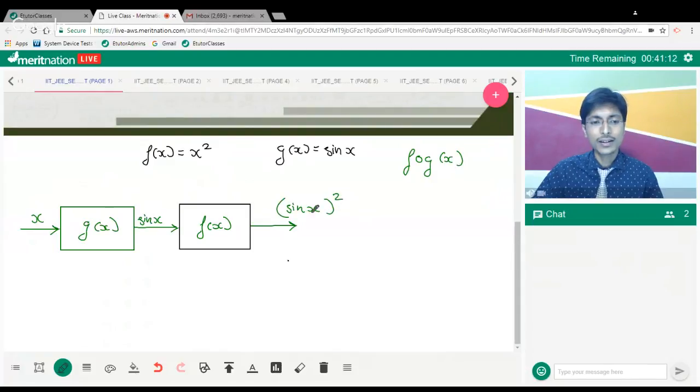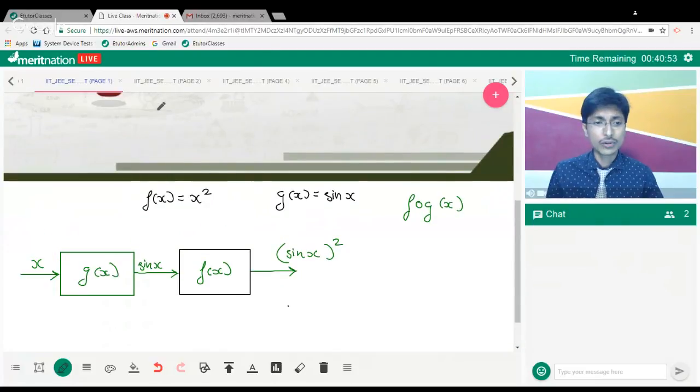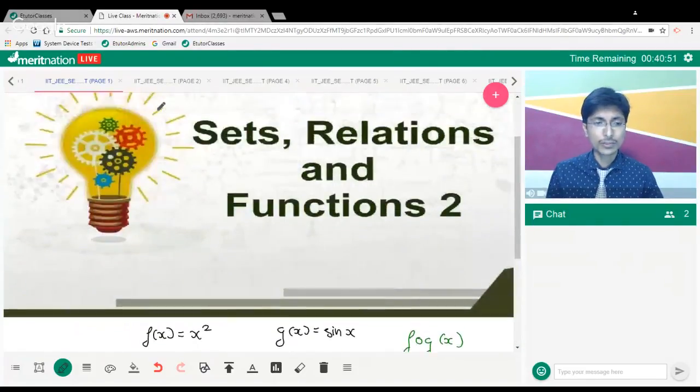Why? Because the function f(x) makes the square of any function that comes as input for it. In this case, we were getting sine x as the input. So we will now go to some of the JEE questions which make use of this particular concept.